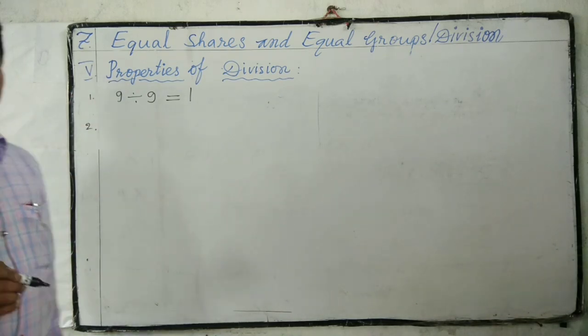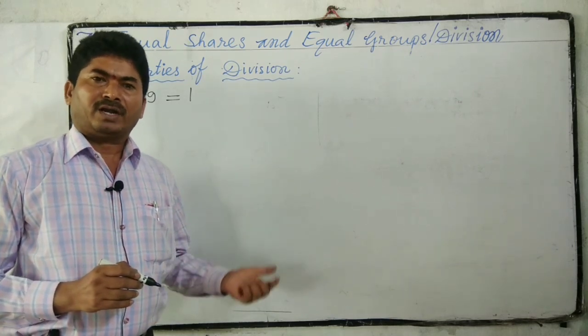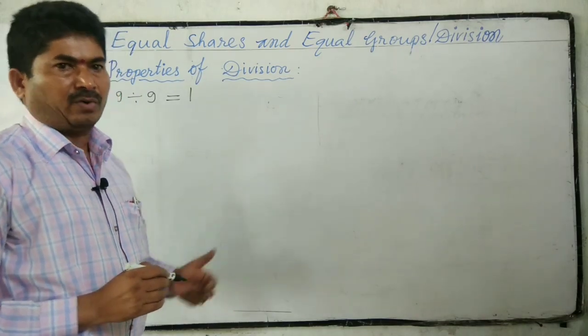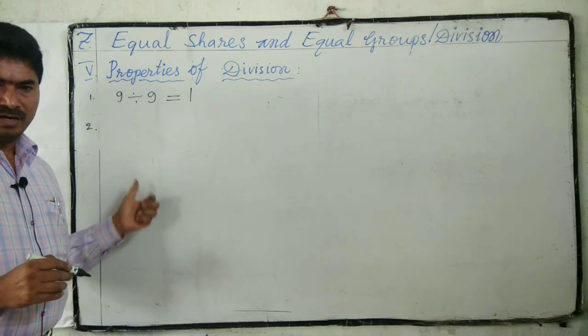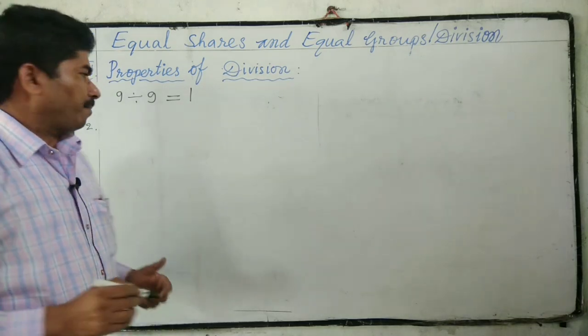Next, the second one. When a number is divided by 1, the quotient is that number only.